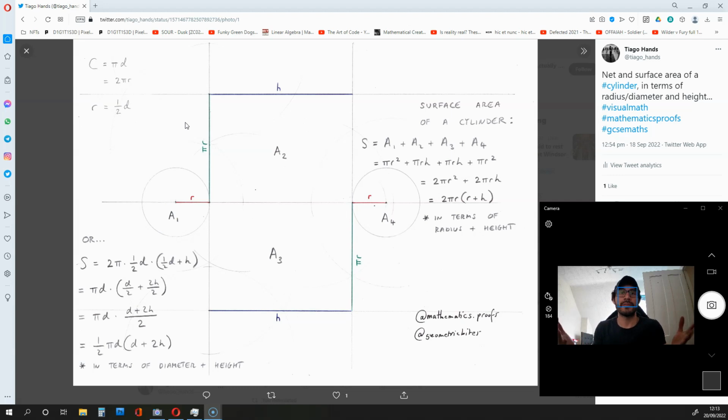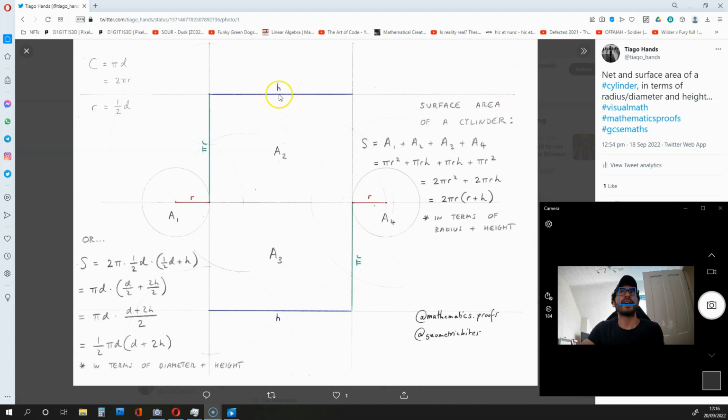of a cylinder. So I've drawn this diagram over here and we have two circles. We know their areas because the area of a circle is pi r squared. Okay, now how about this rectangle over here?